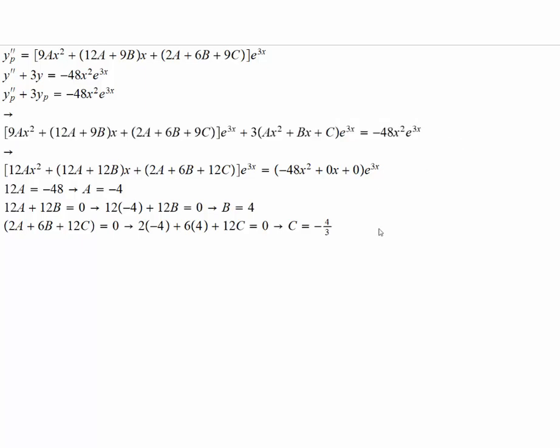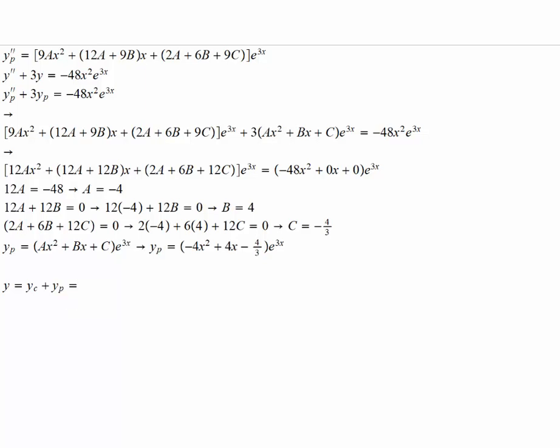If you now use the values of a, b, and c the way you obtain them here, then the particular integral will be this expression. And now the solution can be written as, that's what our method was, the complementary function plus the particular integral.